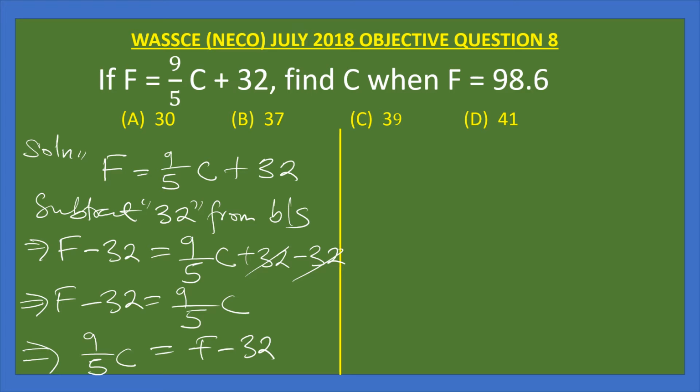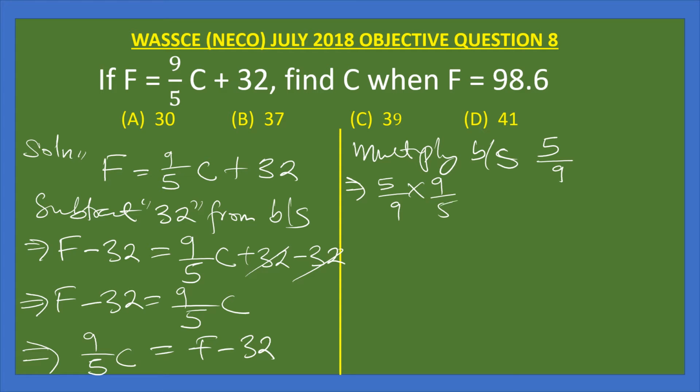So from here, what do we now do? We want C to stand alone. So we multiply both sides by 5 over 9. So this now gives 5 over 9 times 9 over 5C is equal to F minus 32 times 5 over 9.